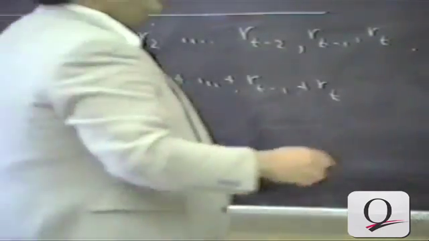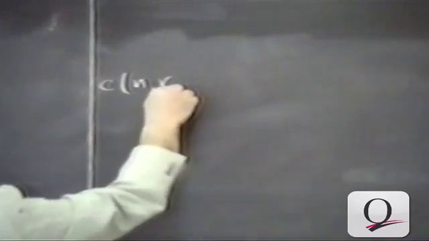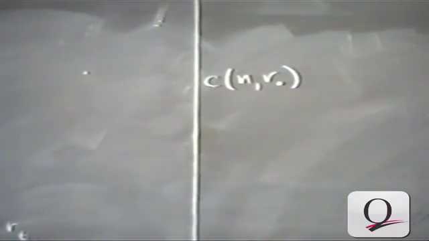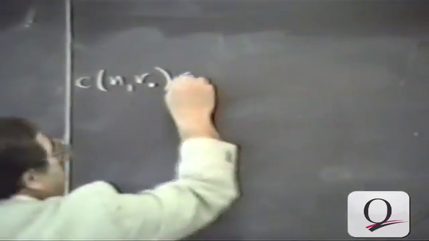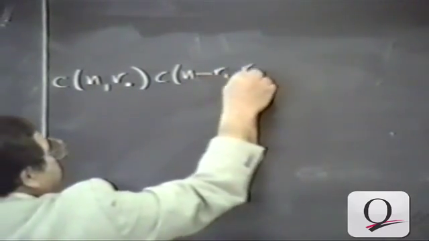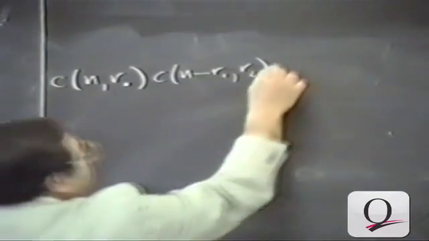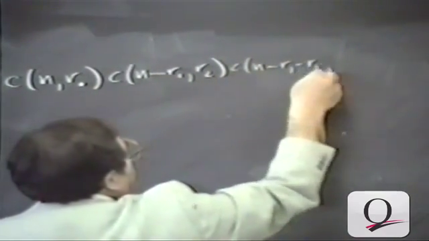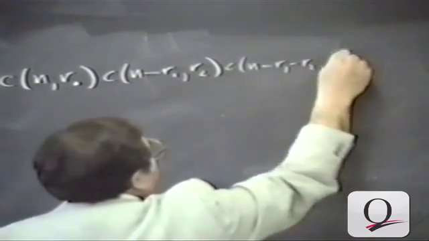So there are this many ways to place the R1s. Now there are only n minus R1 spaces left, and I have to place the R2s. Now there are only n minus R1 minus R2 places left, and I have to place the R3s.